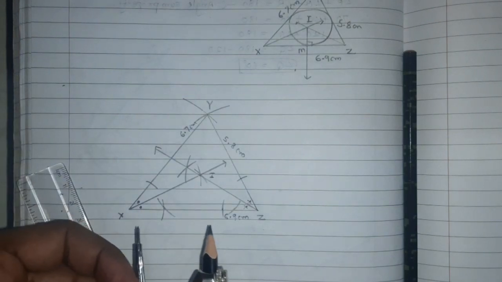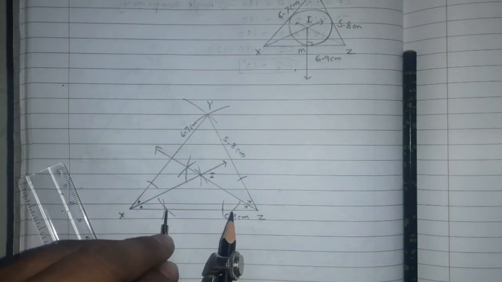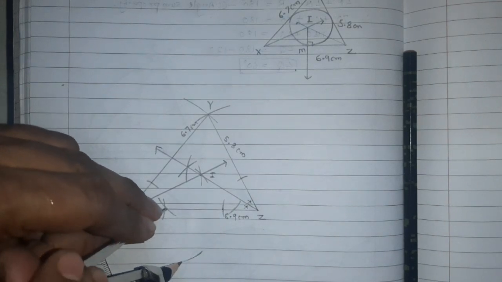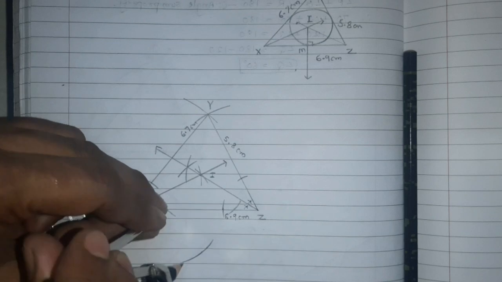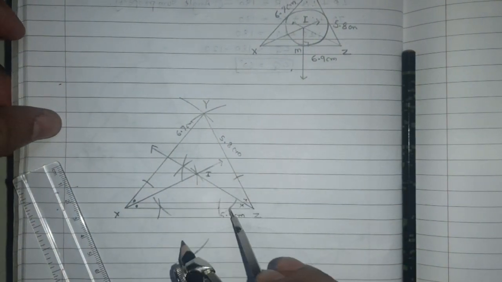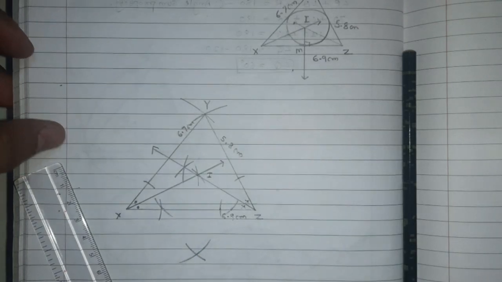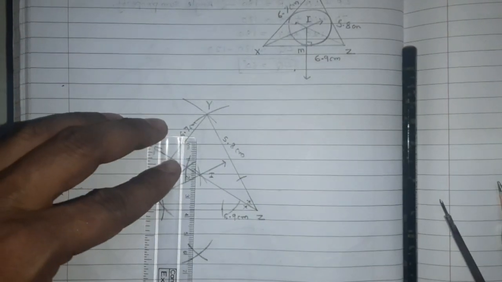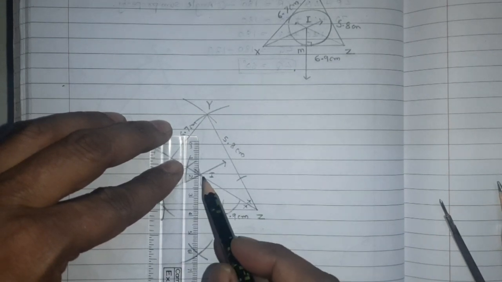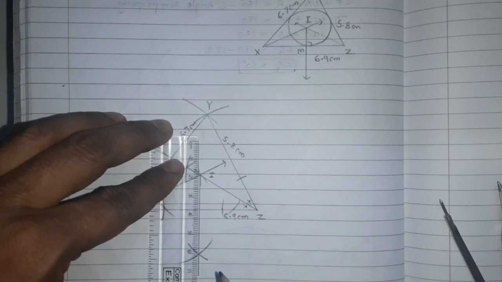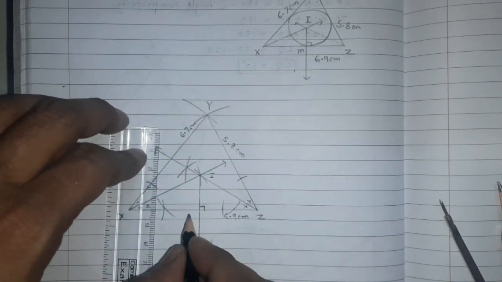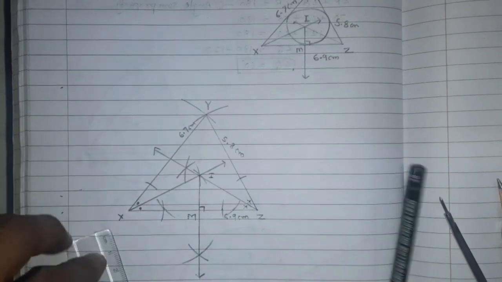Now put the metal point on this arc, take a distance and make an arc, keep the same distance, and from the other make another arc like this. Now join this with I. Be careful, this is perpendicular, therefore 90 degree, and this point is M.